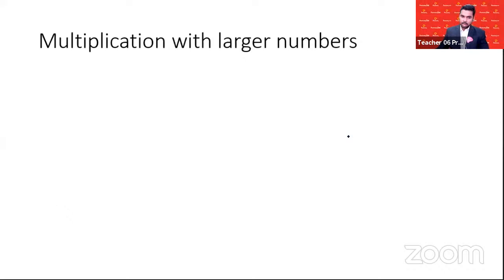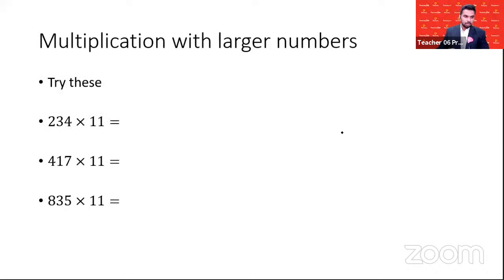Now let's see some large numbers where this magic number appears. What about 234 times 11? Now we are going to the domain of 3-digit numbers. So I'll just show with the method that we just introduced. What you can do is start from the right. You can as well start from the left, but just to obey the convention of right to left, we can start from the right, and the first number is going to be 4.